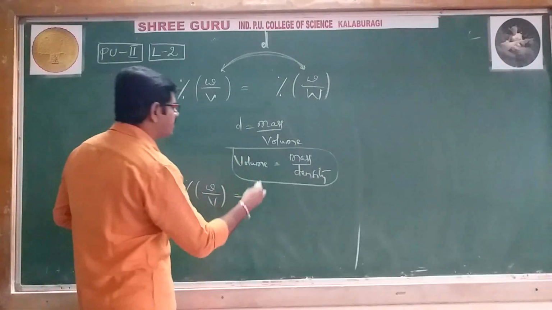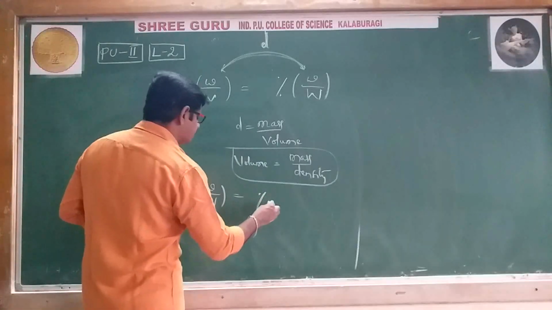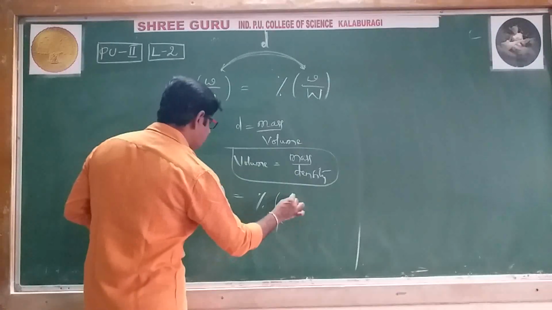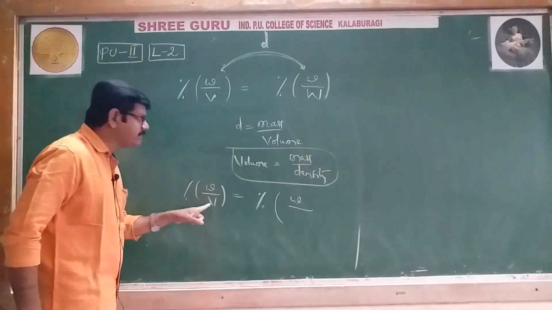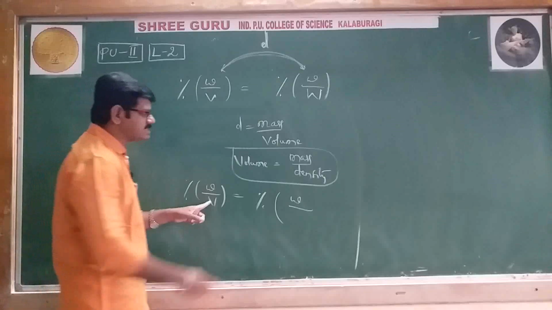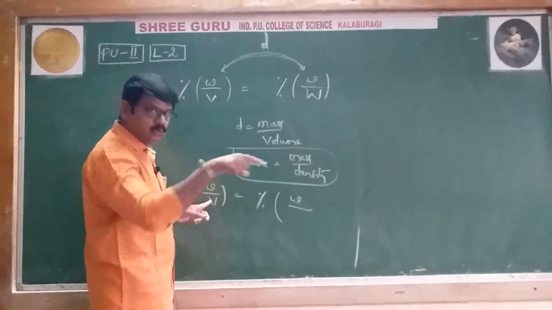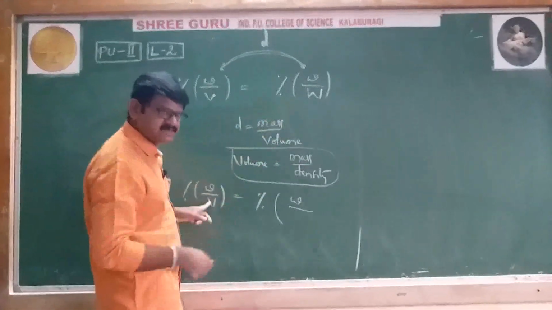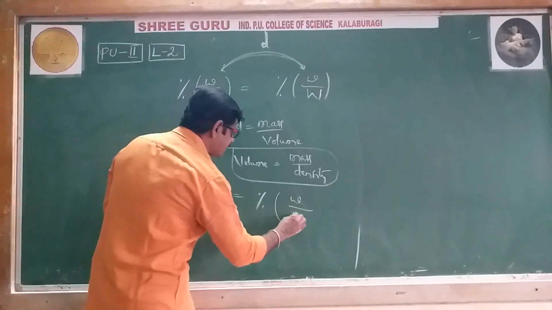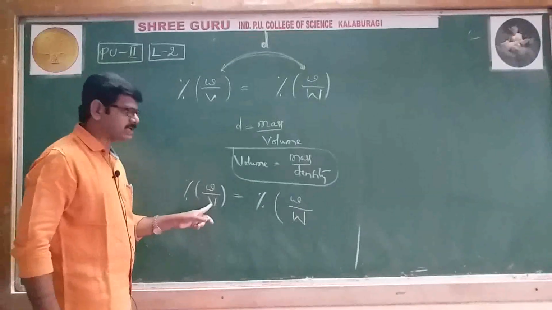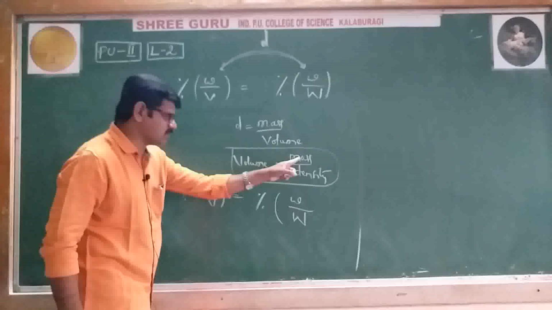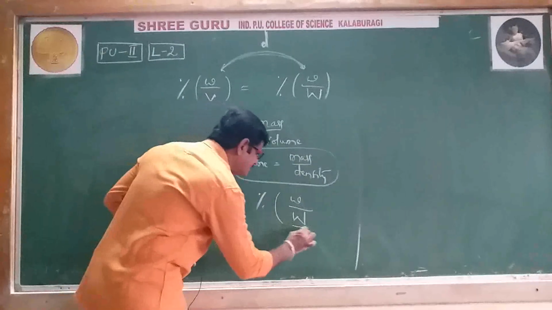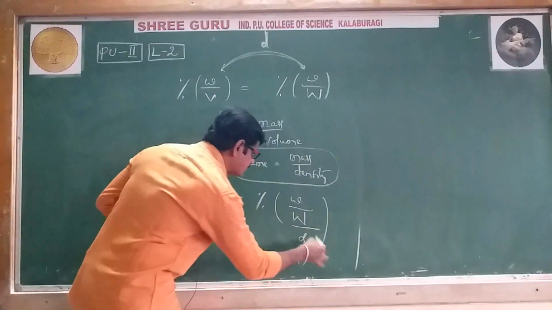See here what we are doing now. That is percentage of W divided by, in place of V, mass. Whose mass? Mass means mass of solution. Mass of solution is again capital W. Mass of solution divided by density of solution.